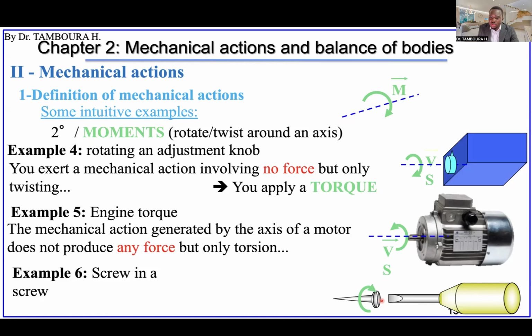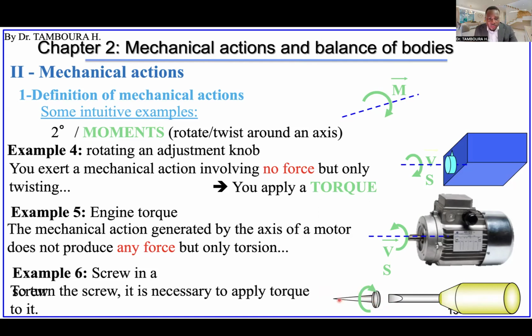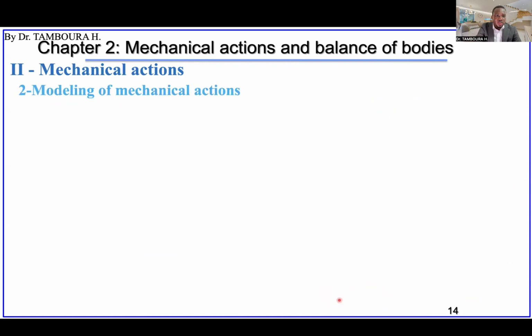So the distance is 0 between this force and the axis. Same axis: the axis of rotation and the axis of force you are using to press. What is our interest here is the rotation, okay? So here you will have a torque again, another torque, okay? This was example number 6.